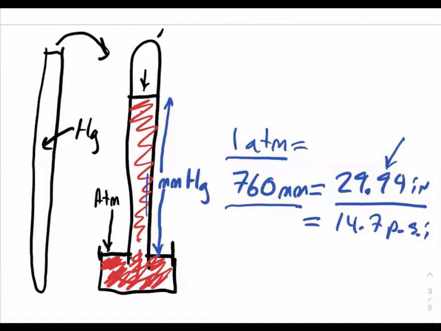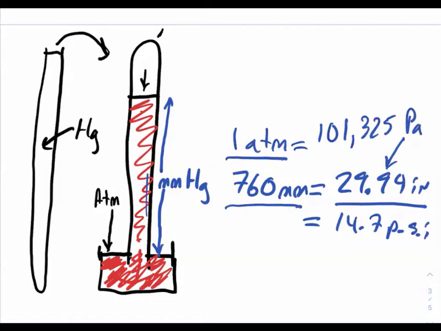But actually, that's not the newest SI unit. They went back to Geneva and they drank wine again. And the newest unit is Pascal, and that is 101,325 Pascal.